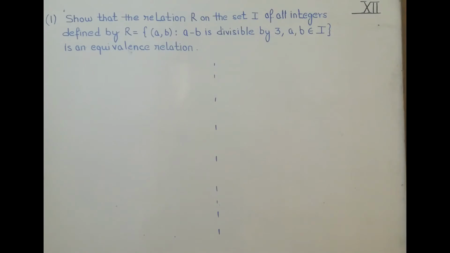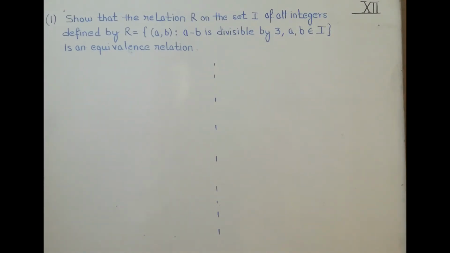And I told you at the start of this class that whenever the relation is to be proved reflexive, symmetric and transitive, proving is to be done by the definition. And if we have to show that the relation is not reflexive, symmetric or transitive, that is to be done by taking an example. But here we have to do the proving by definition because we have to show that the relation is equivalence, and for that we have to show it is reflexive, symmetric and transitive.